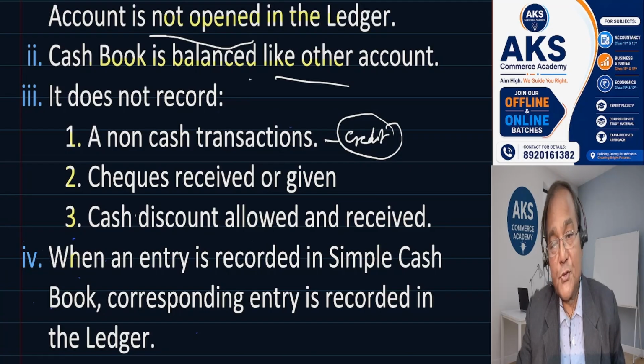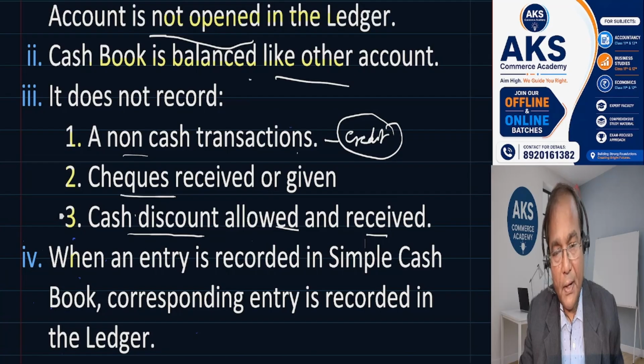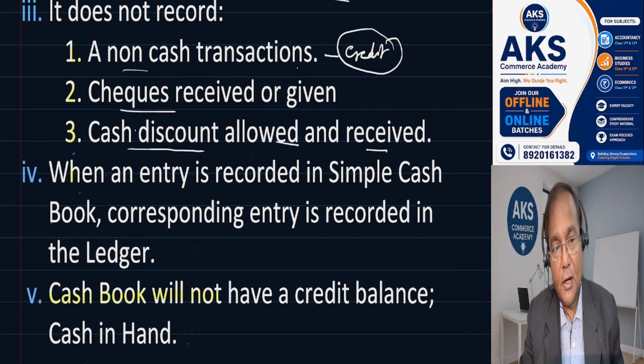A cheque received or given is not recorded here because it goes to the double column cash book. In a single column cash book it is not recorded, but if it is double column, we will record it. Cash discount allowed and received, we have also seen one example, is not entered here. There will be a separate entry in the journal proper.